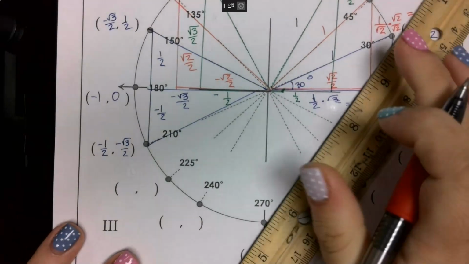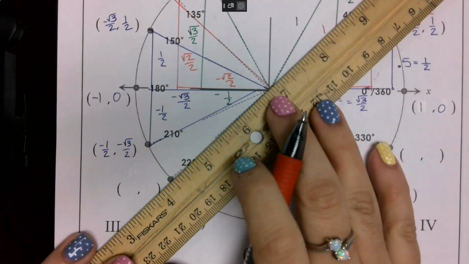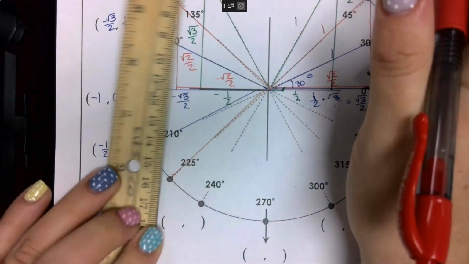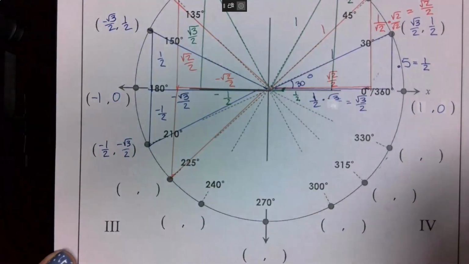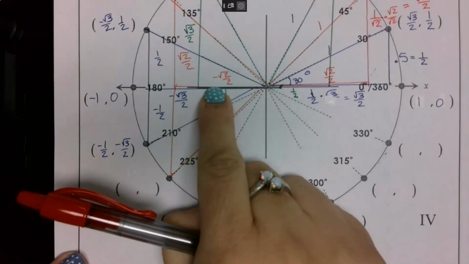So honestly, getting the first set of triangles is the hardest. The others, you just remember to change your signs based on what quadrant you're in. Okay, so 225 is the same as the 135 distance. And then what is my height?